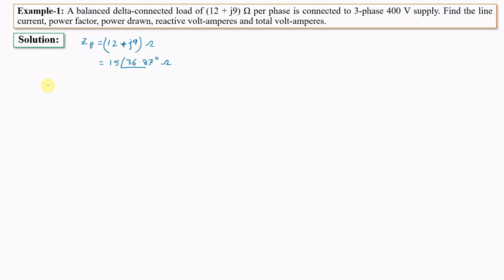Next, in the question, the line voltage is given, that is VL is equal to 400 volt. And we know that for a delta connected system, the line voltage is equal to the phase voltage. So it will be 400 volt.